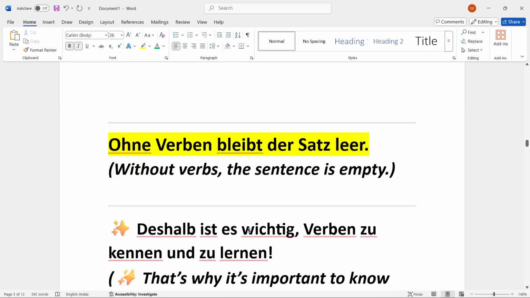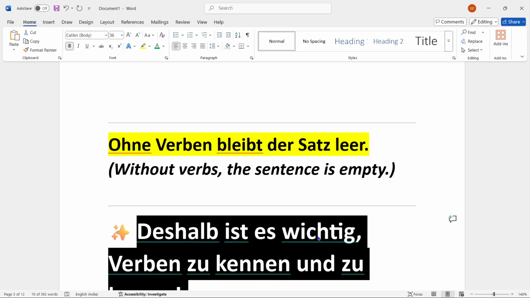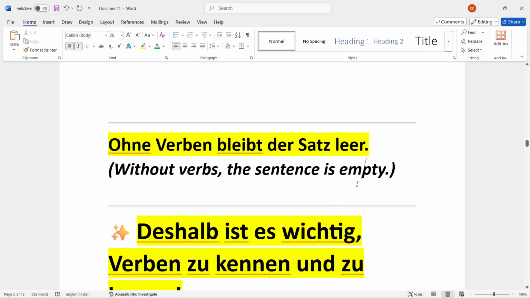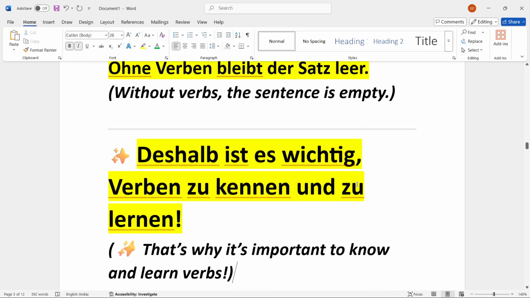Deshalb ist es wichtig, Verben zu kennen und zu lernen. That's why it is important to know the verb.